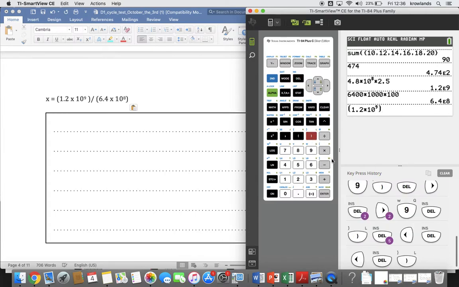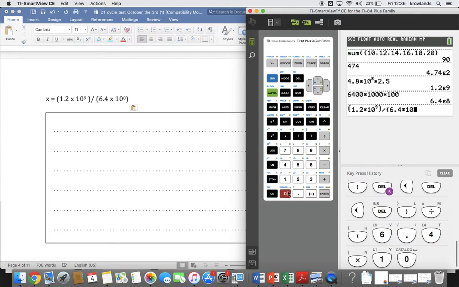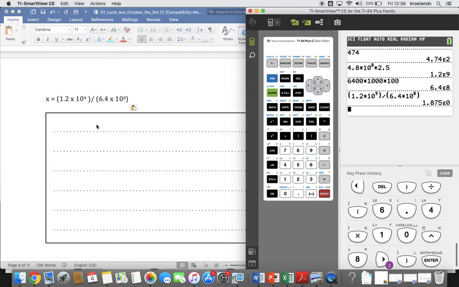And then I'm going to put divide. And then we want to divide by the whole other bracket, which is 6.4 times by 10 to the power of 8. Close brackets, enter.